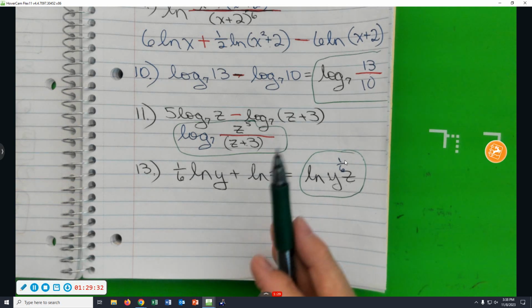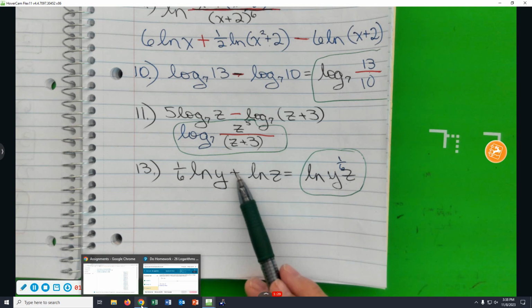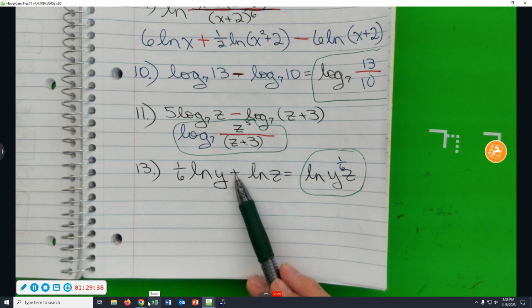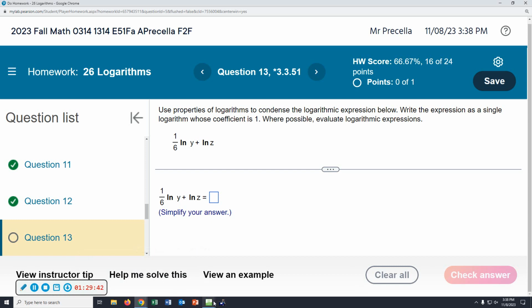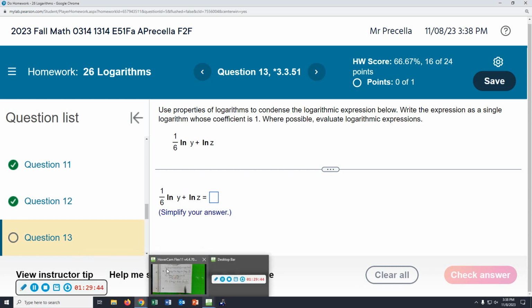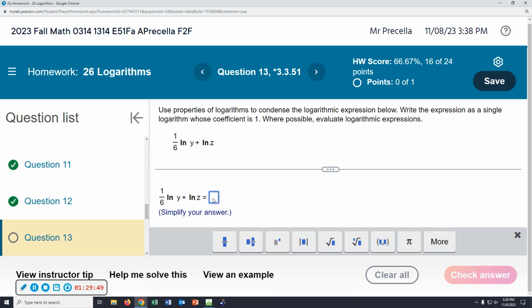But the only thing you can do to arguments is multiply or divide them. You're not dividing because that's not a minus, which means you have to multiply. Y times Z is being multiplied. 1/6 is the power on the Y. So I type ln y raised to the 1/6 power. I don't really like the way they write that.